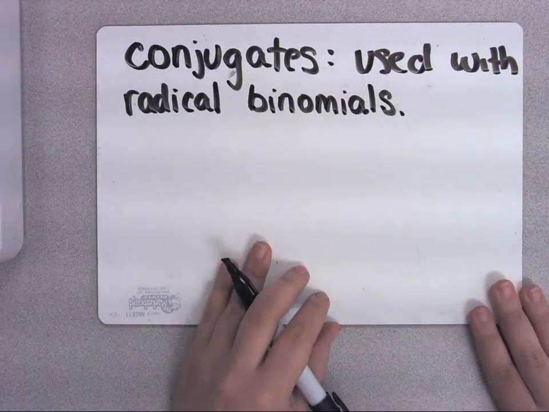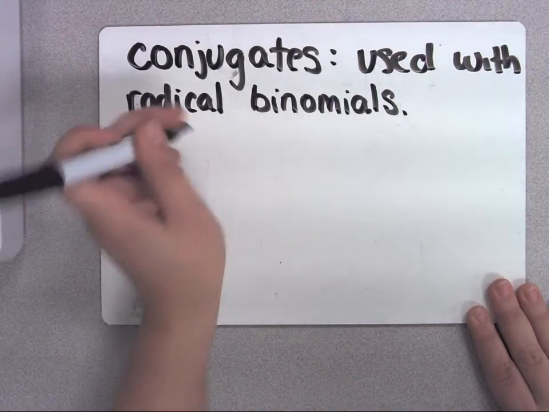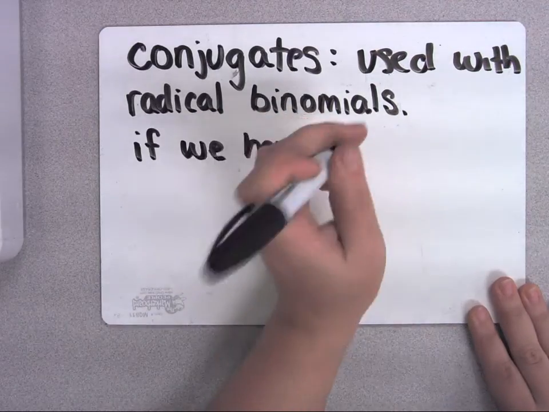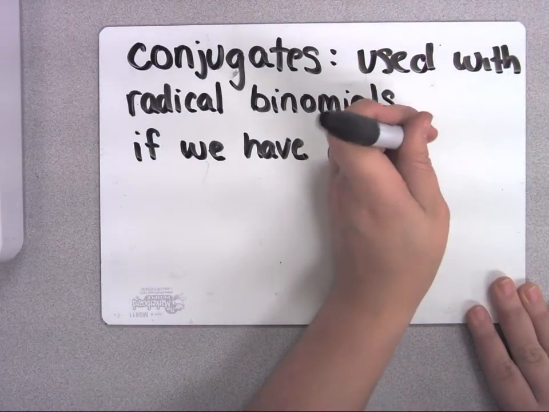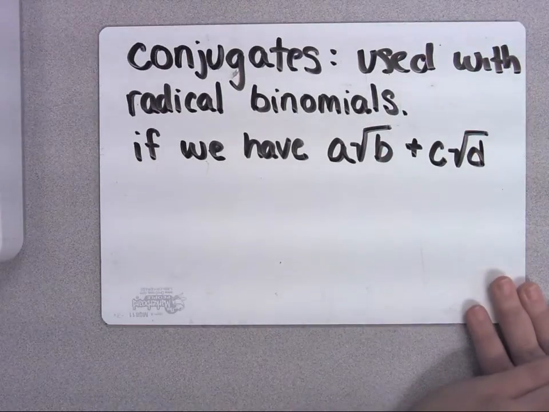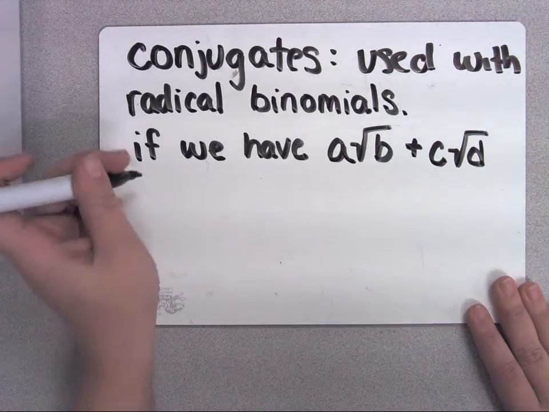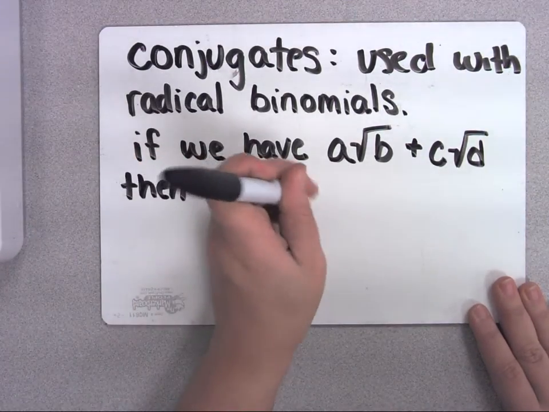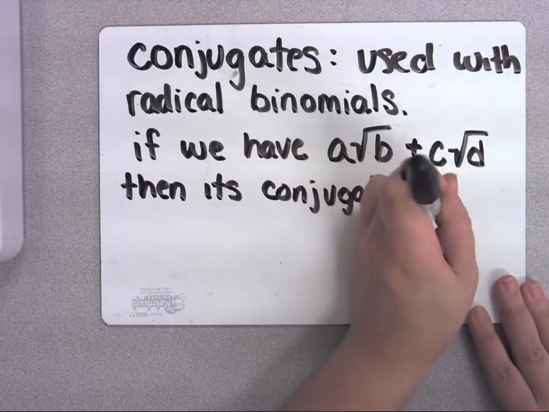Okay, this is what it is. So if we have, and they give you all the letters for this, a square root of b plus c square root of d, then its conjugate, which really, put in parentheses, means its opposite.